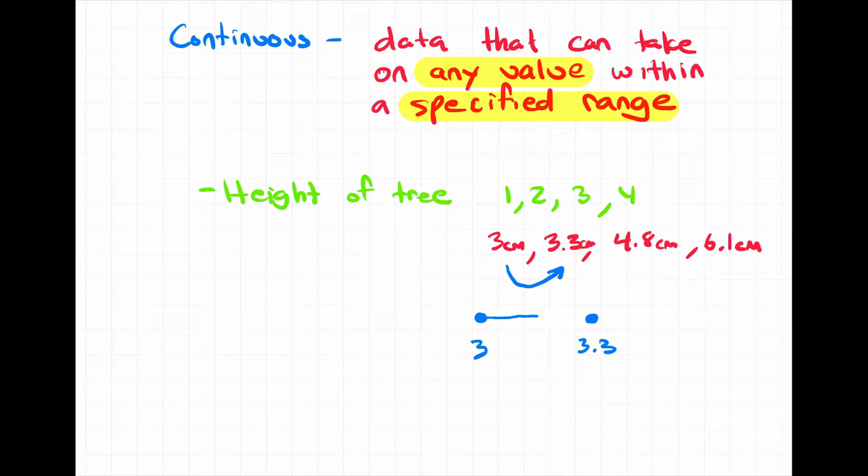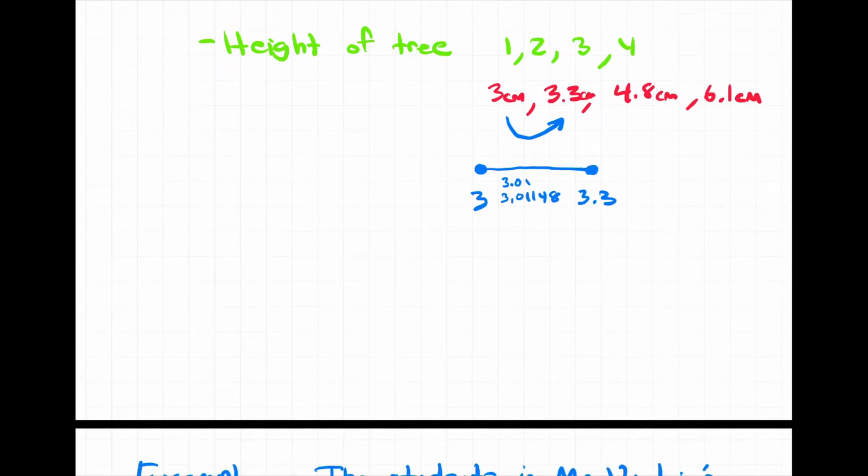So every value that was in between those two was reached at some point. So there could have been a 3.01, a 3.01148, etc. So there's basically an unlimited number of values within a specified range.